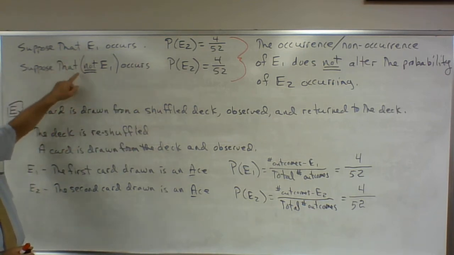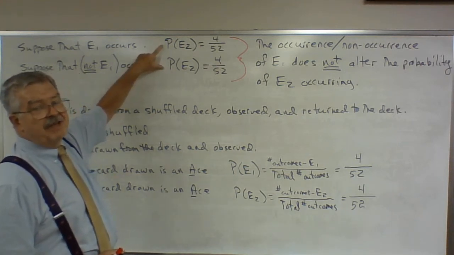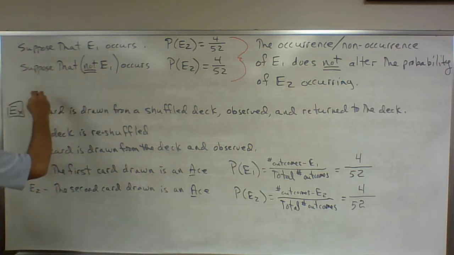Getting an ace or not getting an ace on the first draw does not affect the probability of getting an ace on the second draw. And here's the point.